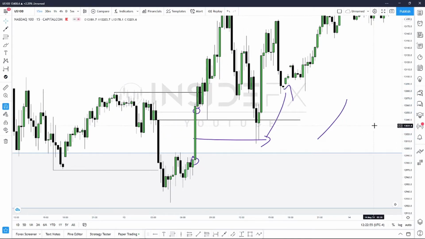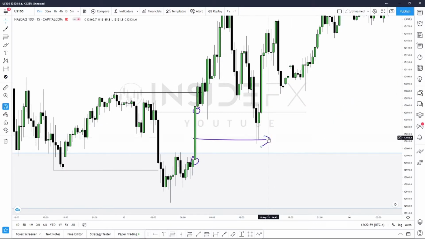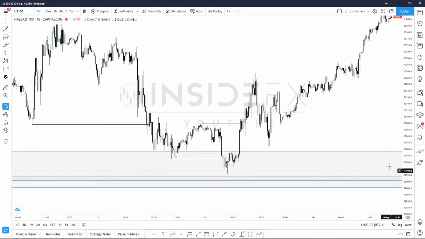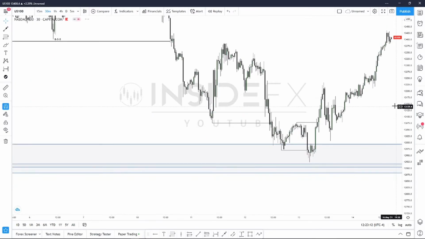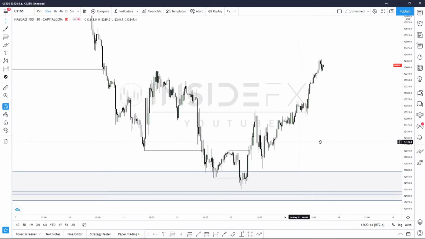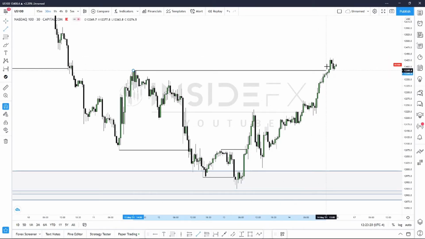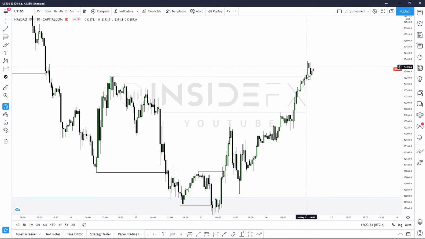Yeah, it was just the trade that I caught on Nasdaq, and obviously the short-term TP, or my short-term target, was price heading for this old high right here. As you can see, price took it out.